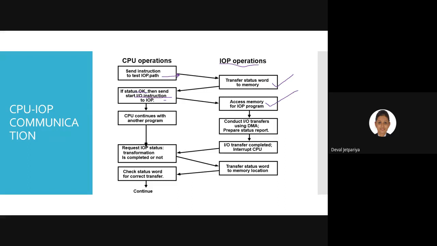Once the IOP gets the green flag from the CPU, right? The IOP will start working by taking the memory address from which it can start its own execution. Here the IOP will execute its own program, and at the same time the CPU continues with another task.